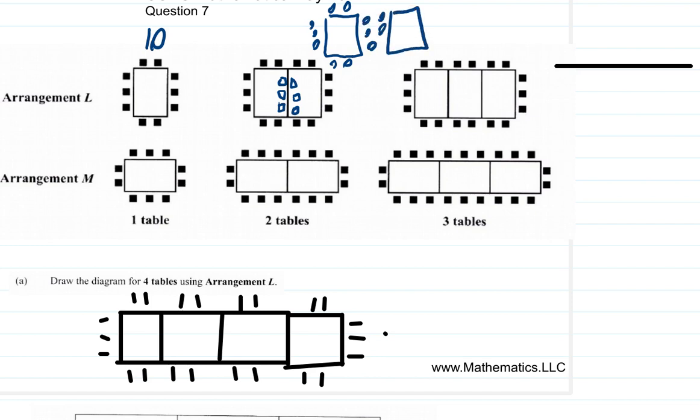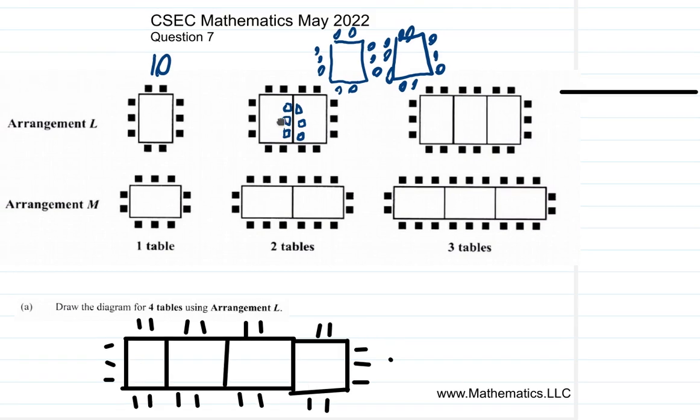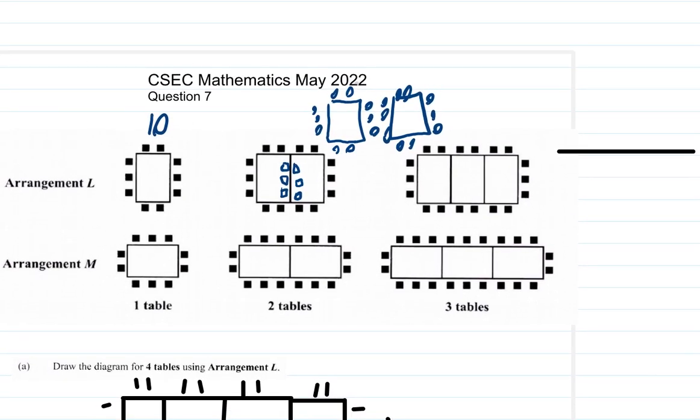Then 3 on this side, 3 on this side, 2, 2. That's what you would have had. But when you put them together, these 3 tables disappear. That means these 6 tables disappear. These 6.